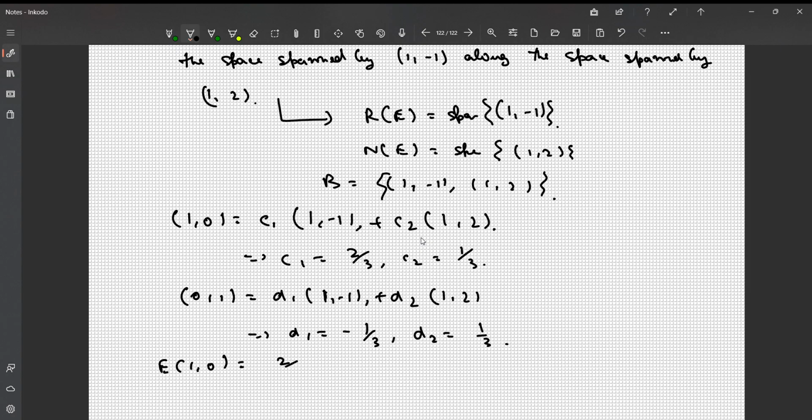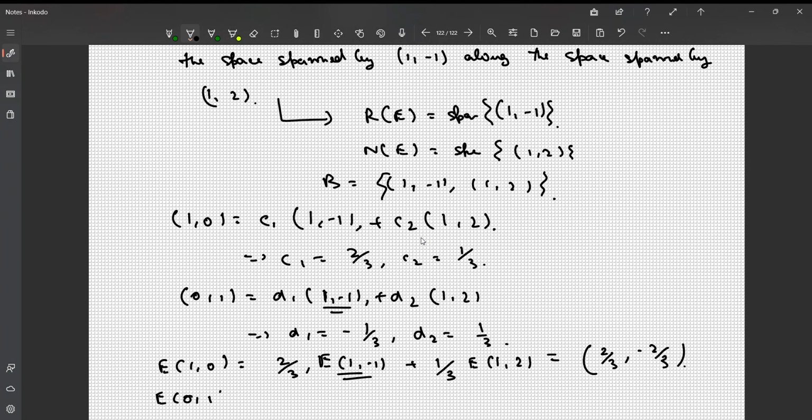So E of 1, 0 is 2 by 3 times E of 1, minus 1 plus 1 by 3 times E of 1, 2. But E of 1, 2 will be 0 because that is an element from the null space. So it is 2 by 3 times E of 1, minus 1. But E of 1, minus 1 is again 1, minus 1 itself because it belongs to the range of E. So it's basically 2 by 3, minus 2 by 3.